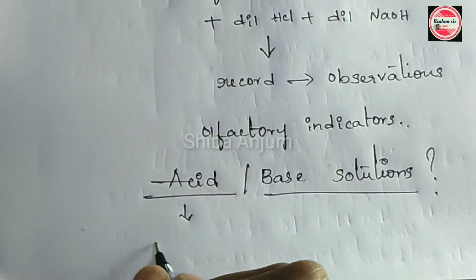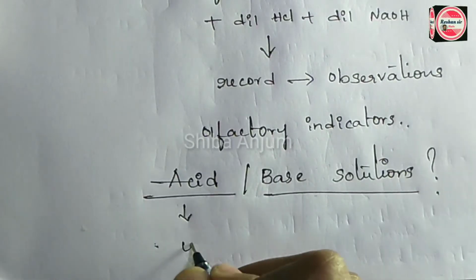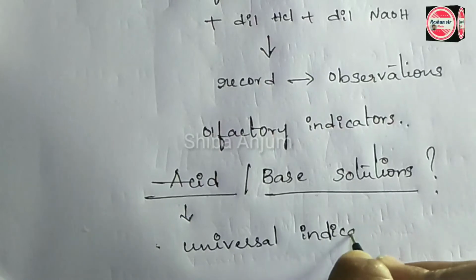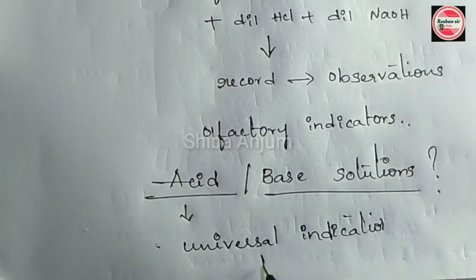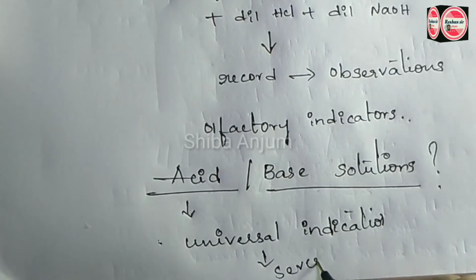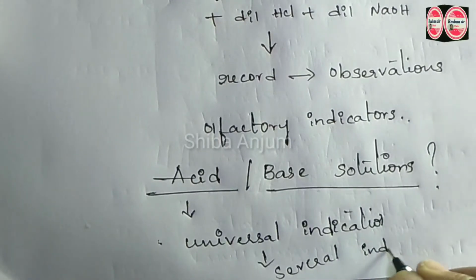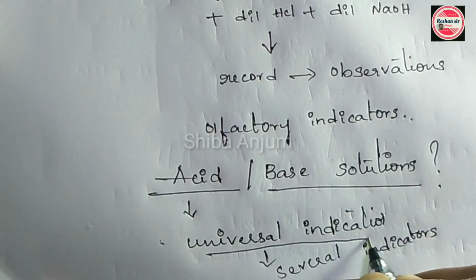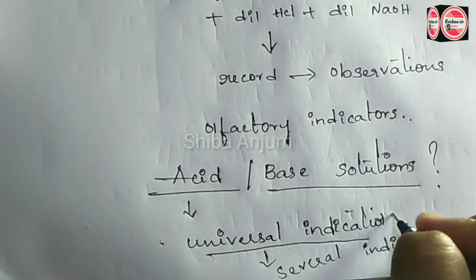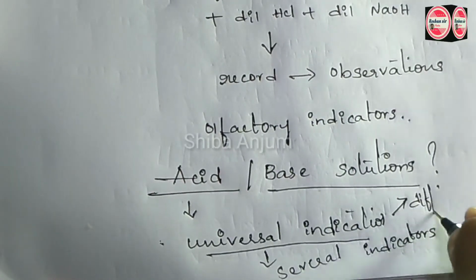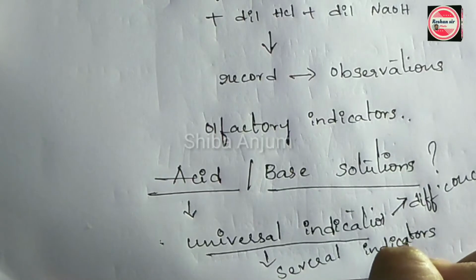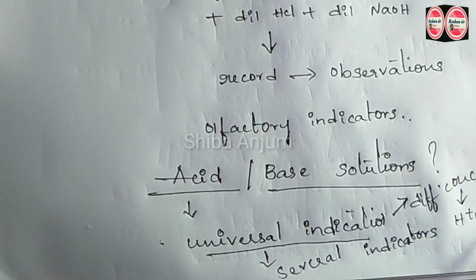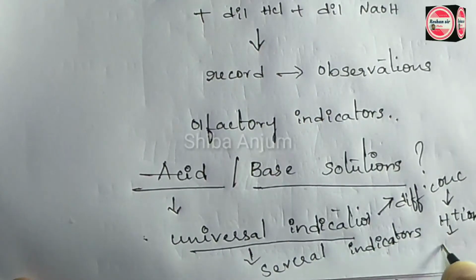We can do this by making use of universal indicator, which is a mixture of several indicators. These universal indicators show different colors at different concentrations of H plus ions, that is hydrogen ions, in a solution.